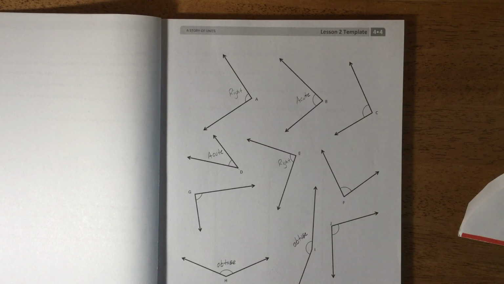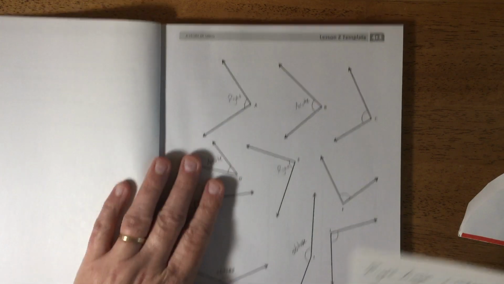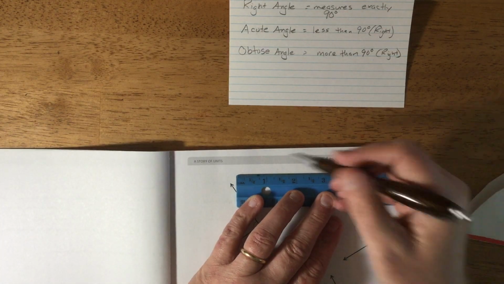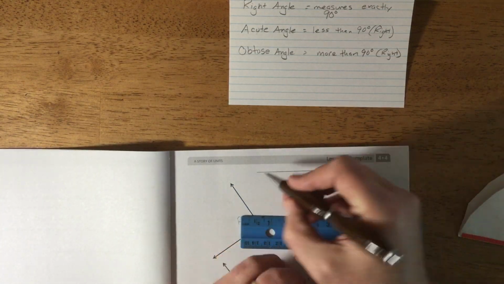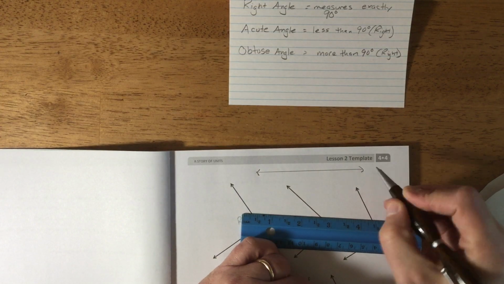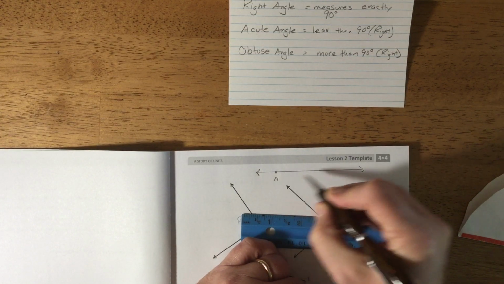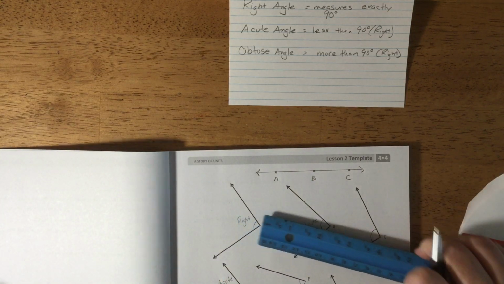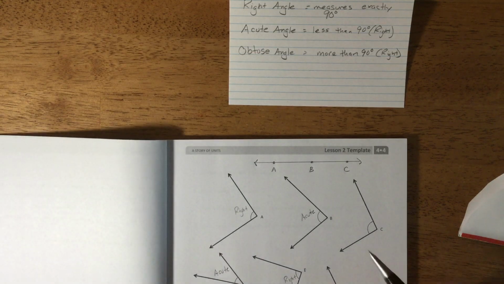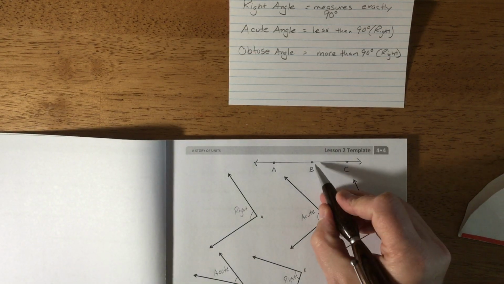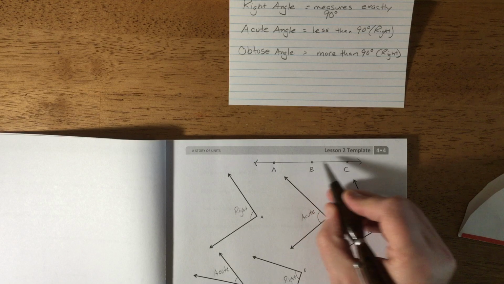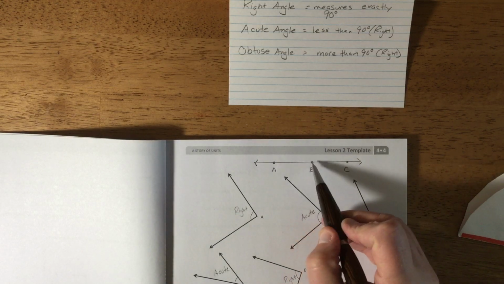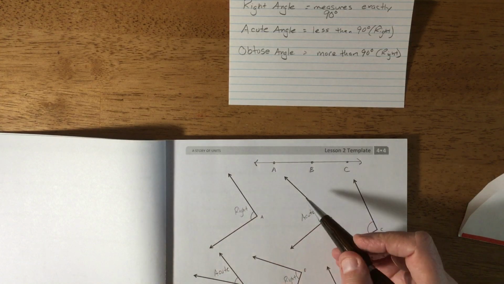And I bet some of you can. I'm going to draw one right here at the top. I'm going to use my straight edge that I used yesterday. And if I were to mark the points A, B, and C on it, this would be an angle because I have a ray starting at B going through C and to the right, and I also have a ray that is going from B through A to the left.